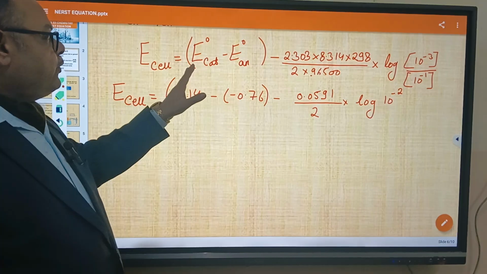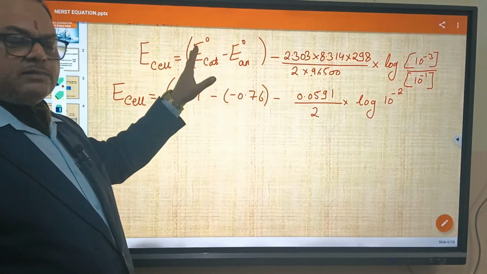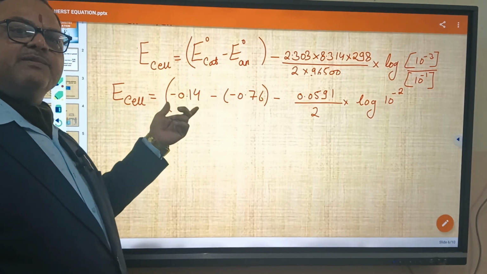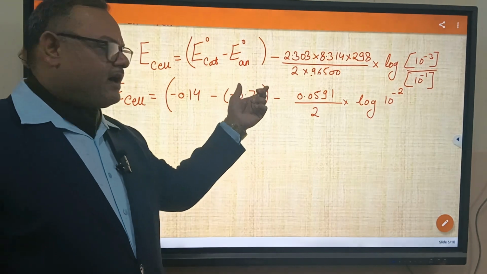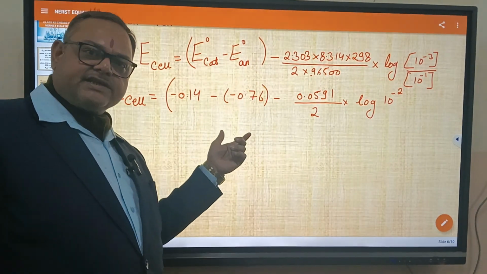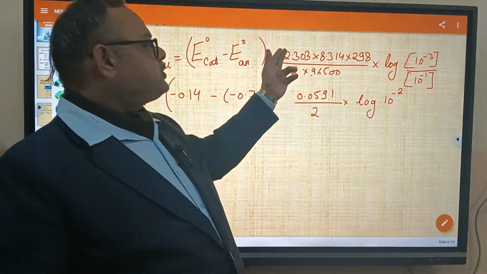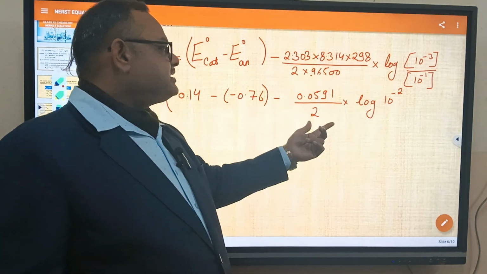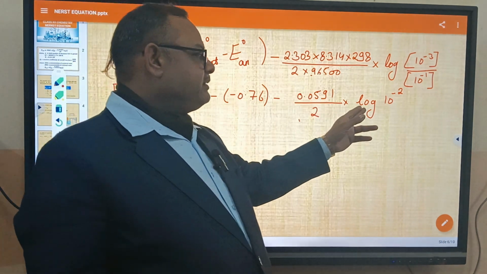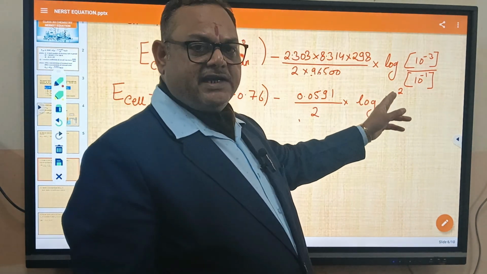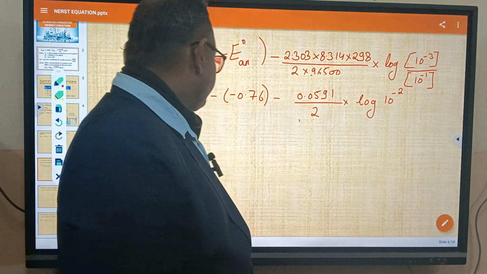See, is this clear? We put the values of reduction potential of the cathode half cell, which is minus 0.14. Then the reduction potential of anode half cell, which is minus 0.76. Further, we also solve this part and we get the answer as 0.0591 upon 2 multiplied by log of 10 to the power minus 2.